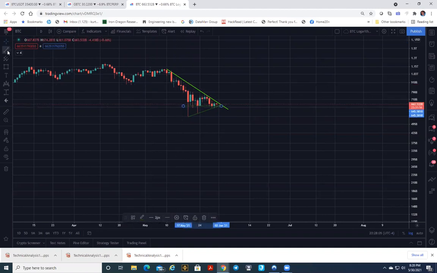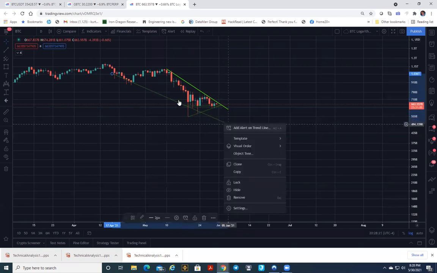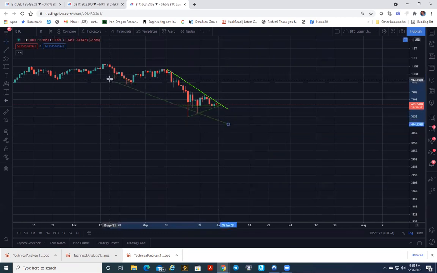But we could also be sitting pretty in a falling wedge, which is, to me, more likely than not happening. These wedges usually play out. However, it is possible that if you put it right here.